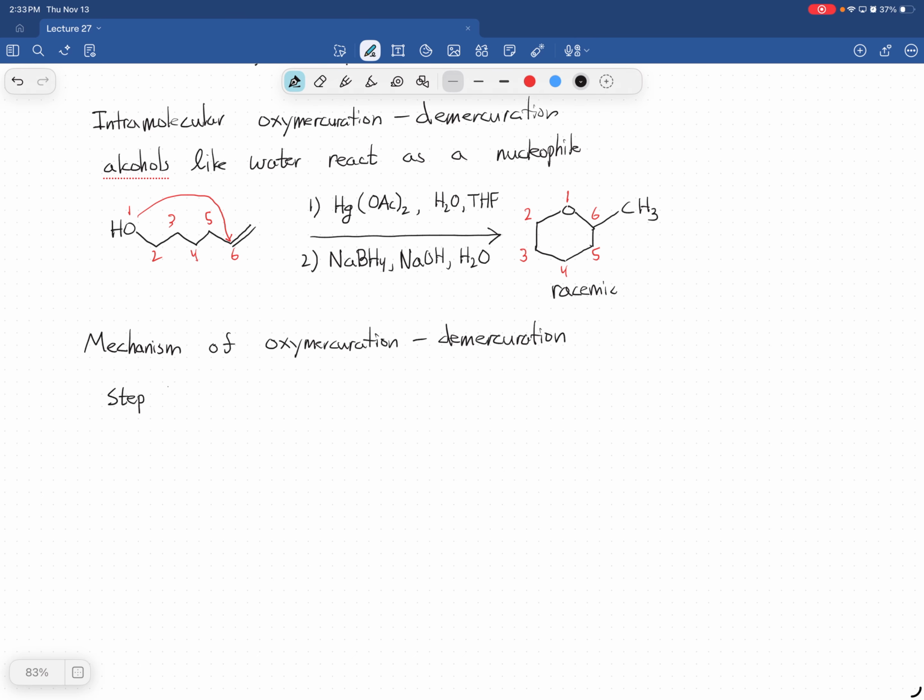All right, so I'm going to abbreviate this into steps. So step 1 is called oxymercuration. All right, so the very first thing that happens is your mercury acetate is going to react in some ways. All right, so here's mercury.